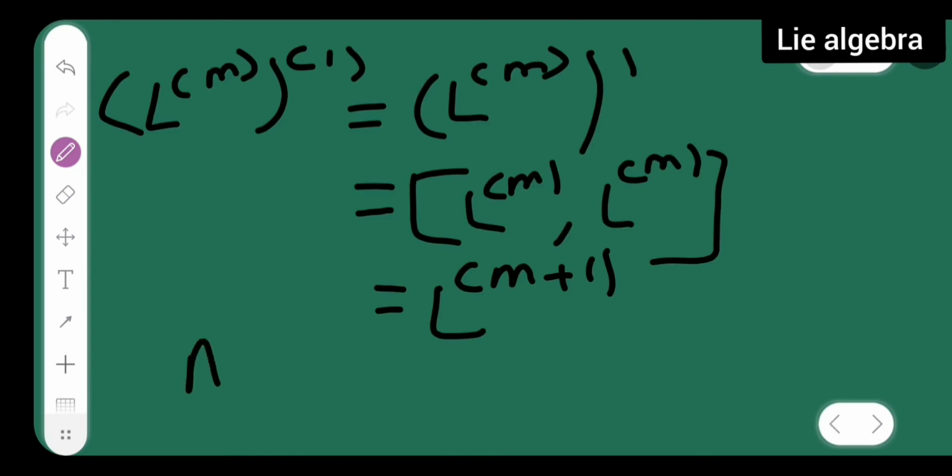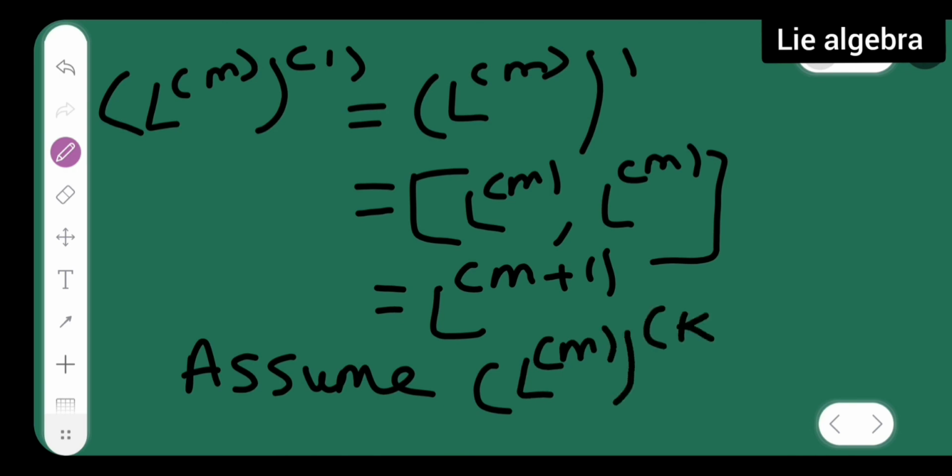Now you all have to assume that L raised to power of m, with k outside, is equal to L raised to power of m plus k. This is m plus k. Write it properly.